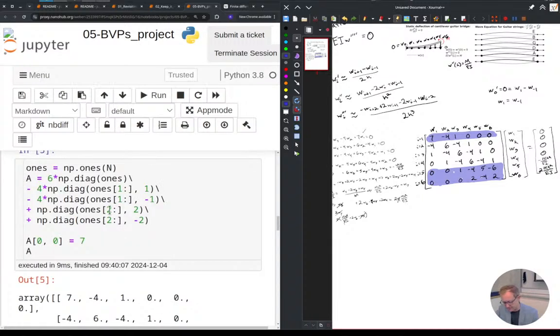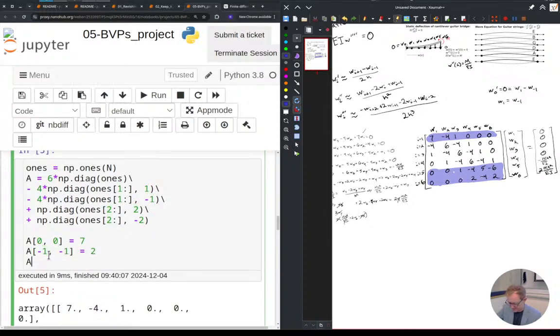Well, I mean, I set up 2 boundary conditions on that side, but. And then the next thing that I need to do is say A bracket -1, -1 equals 2, A bracket -1, comma, -2 equals 2.